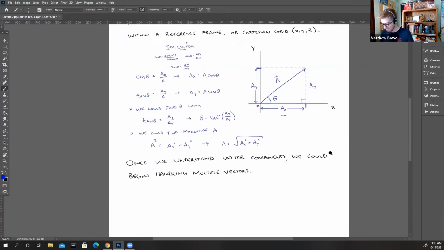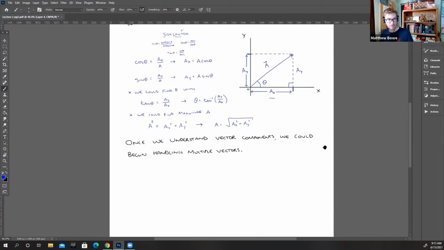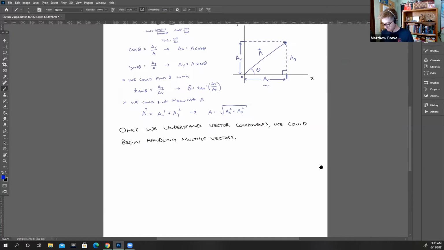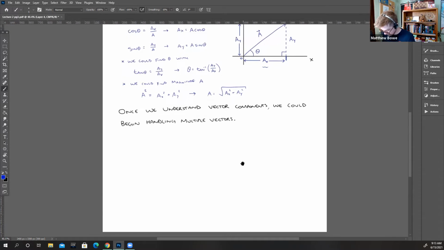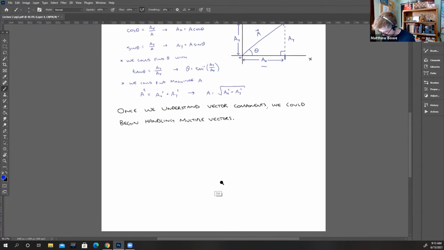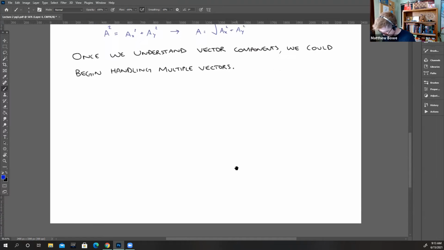We can start handling multiple vectors. So this is where that previous example, vector A and vector B, adding vector A to vector B equals vector C. So let me do that example down here. And I'll try to make it large.